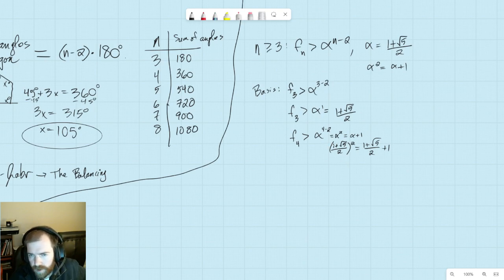So here, this is going to be 1 plus 5 is 6 plus 2 root 5 over 4, or 3 plus root 5 over 2, which is equal to, over here, 2 over 2. So 3 over 2 plus root 5 over 2.